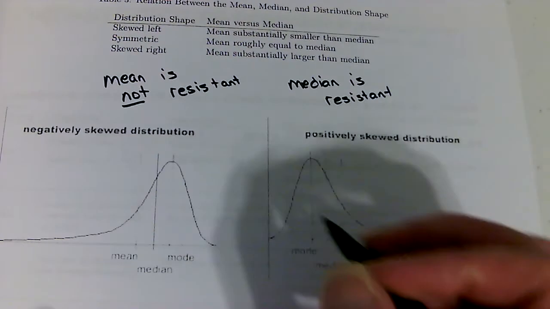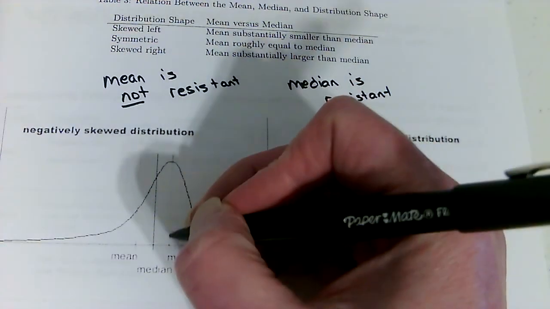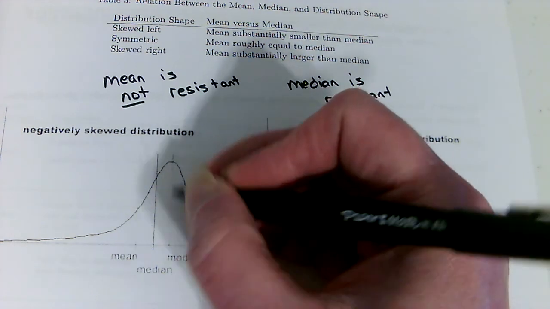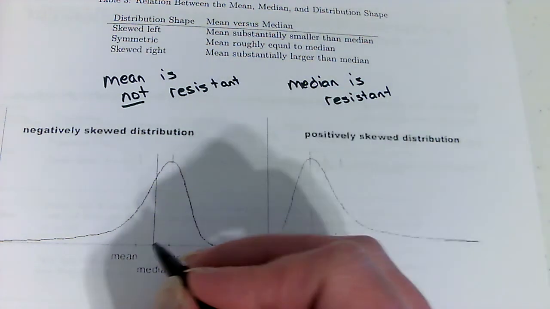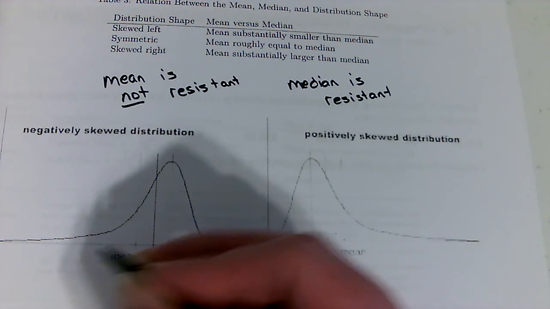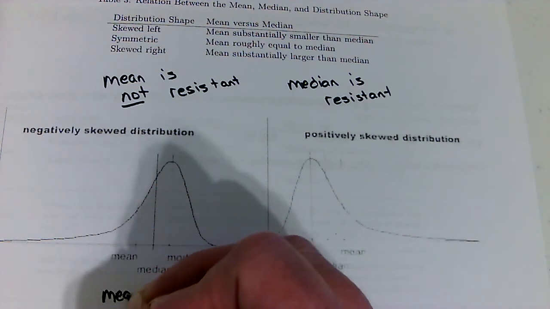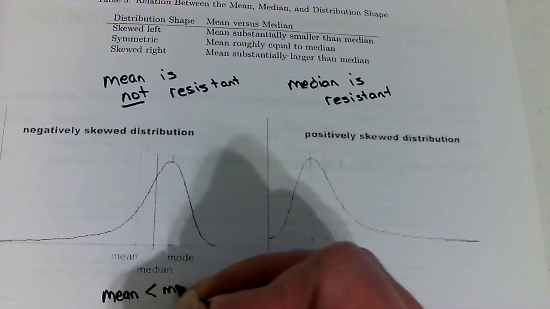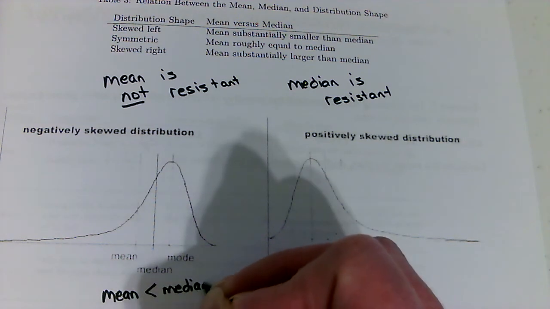So look at these graphs. The mode is always the one that's the most, so it's always the tallest part. When we have left skewed, the mean is being pulled to the left, so it's less than the median.